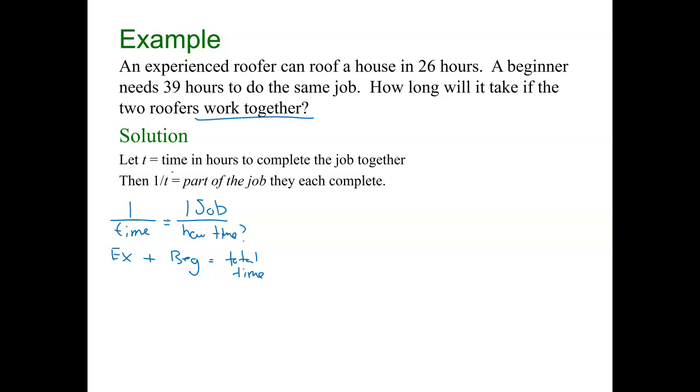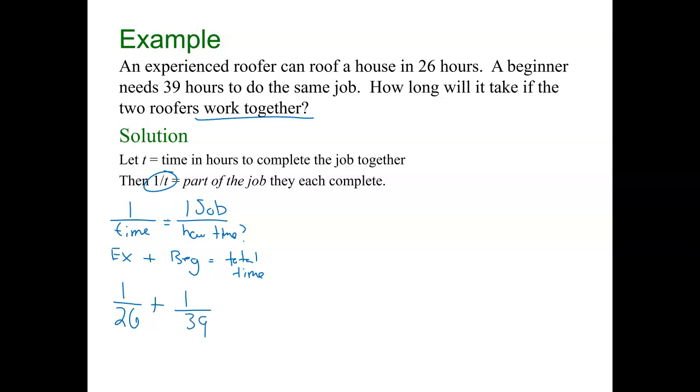So all the ratios are going to follow this idea of a unit rate, 1 over the time it takes to do something. Okay? So for the time it takes to do one job, our experienced worker, how long does it take him to do that one job? 26. And then with our beginning worker, how long does it take him to do that one job? 39. Okay?